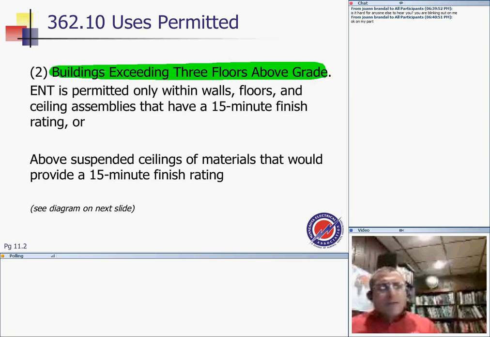If you go higher than three floors, then it has to be concealed behind walls, floors, or ceilings, and it has to have a 15-minute finish rating. When they test it, it is fire rated for 15 minutes. Fire-rated walls, ceilings, or floors for 15 minutes. So above-ceiling materials would provide that. The same thing applies if it's behind or above a suspended ceiling.